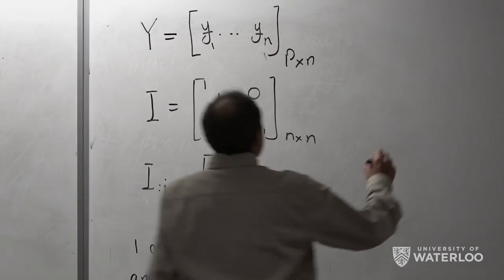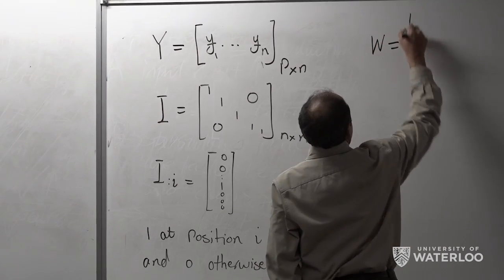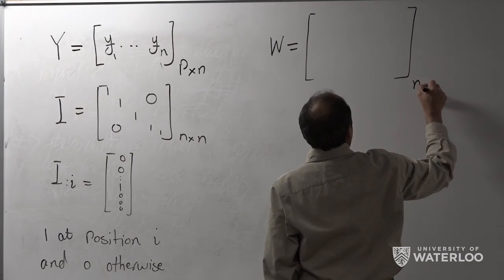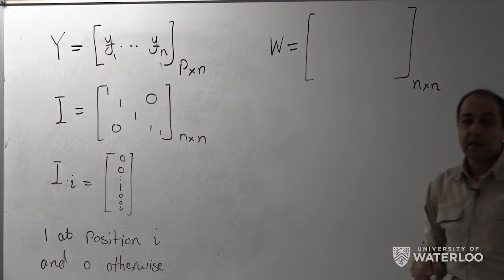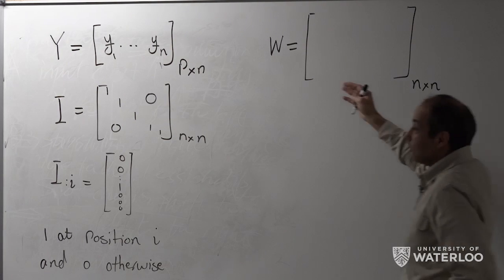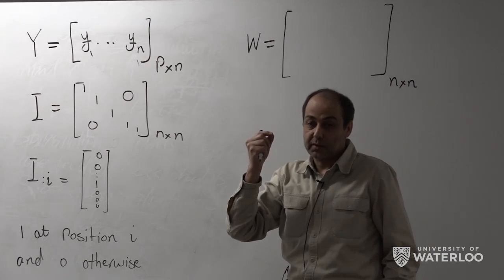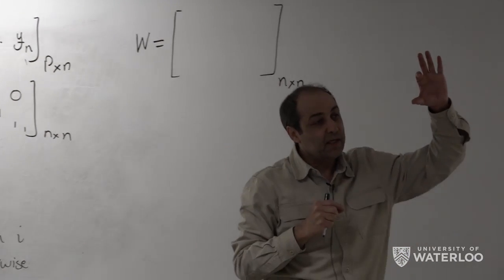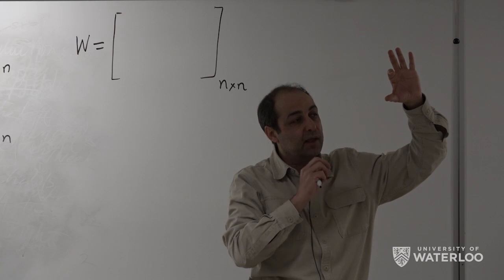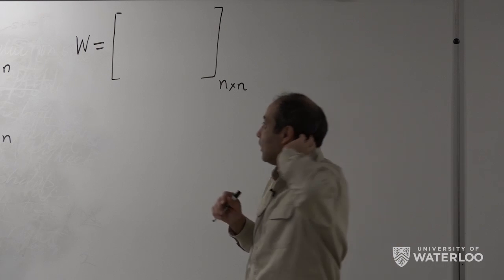Also I define an n by n matrix W. And here basically I put, for any point, all the weights according to that point. For only the k nearest neighbors of a point, we do have weights, and there are zeros for any points that are not among the k nearest neighbors.